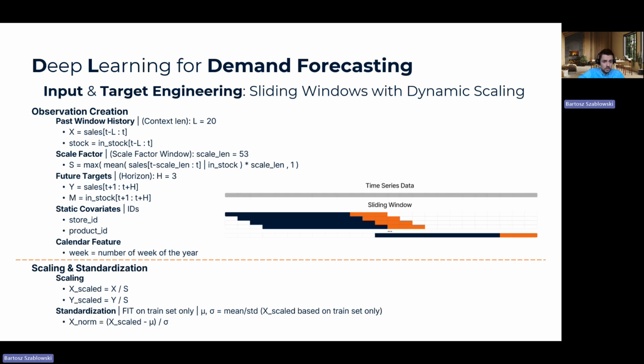Thanks to this scale factor, one global model can learn from both small and large series, at the same time focusing on patterns in the data rather than the absolute scale of a given time series. In addition, X is standardized, but that is done only for training stability reasons.